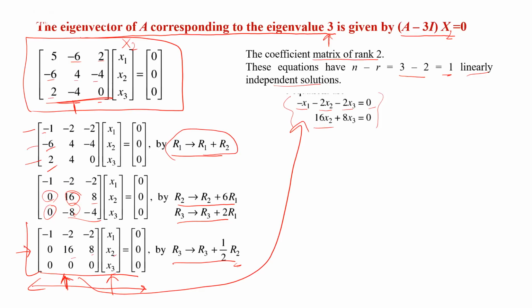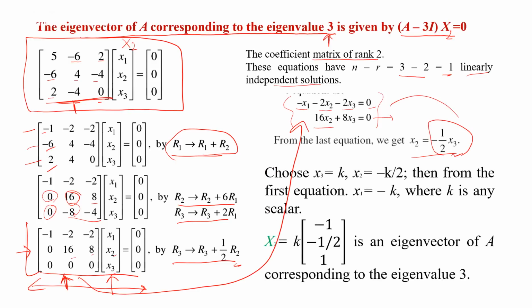By solving that system, from equation 2 we get x2 equal to minus 1 by 2 x3. And we choose x3 as k, so x2 becomes minus k by 2, k is any scalar. And when we put x2 and x3 in equation 1, we get x1 which is minus k.